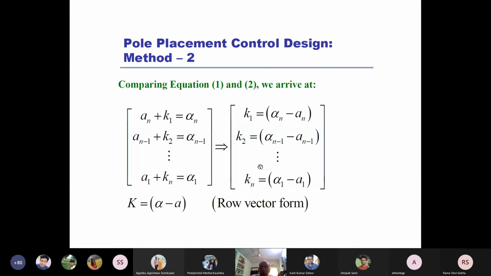And then I compare the terms: a_n plus k1 is equal to alpha n, which gives k1 equal to alpha n minus a_n. Similarly, k2 will be alpha n minus 1 minus a_(n-1). Kn will be alpha 1 minus a1. So in vector matrix form, K is equal to alpha minus a.